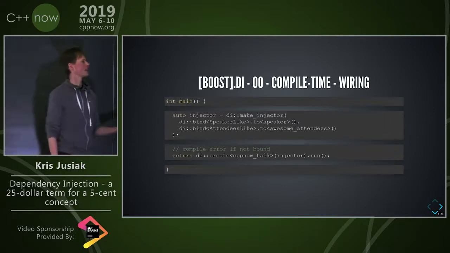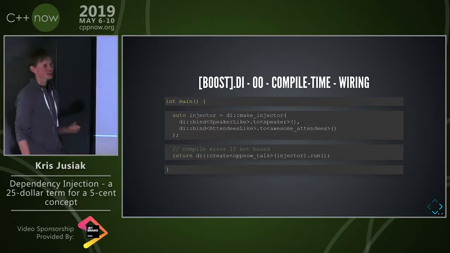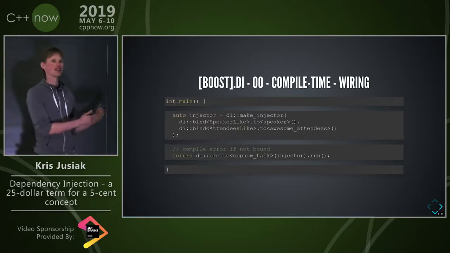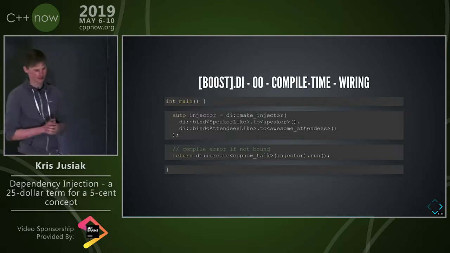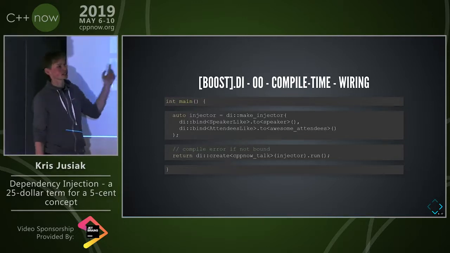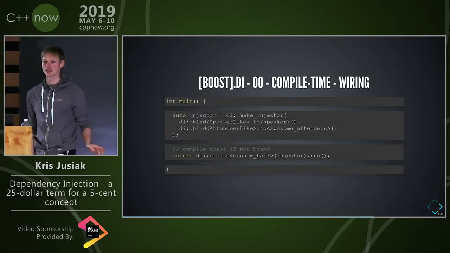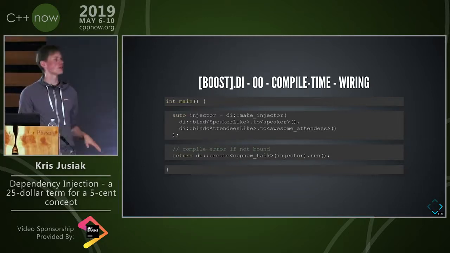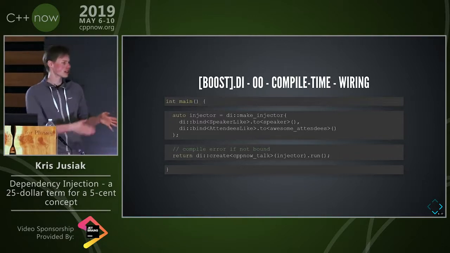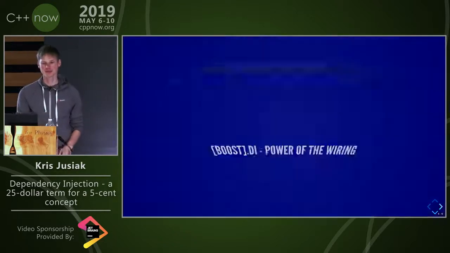Because speaker-like is not really that good a strong type. It's maybe easier to think of it when we have the first name and last name, right? If you have two strings, it's like which one is which, right? So yeah, that's a valid point. That's not the strongest part of DI, but if you follow the strong types or context kind of thing, where you say the first argument should be like that, then you can do it.